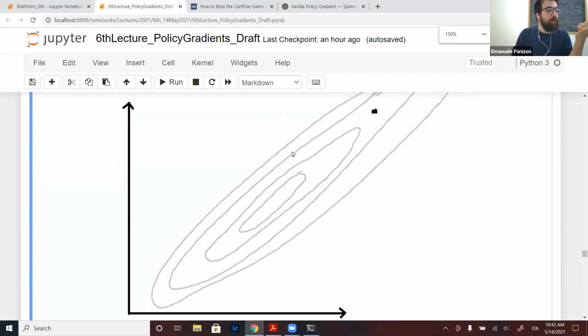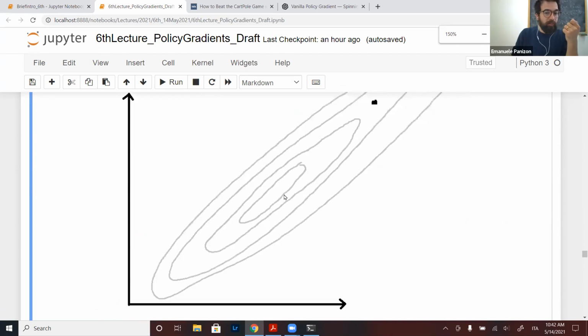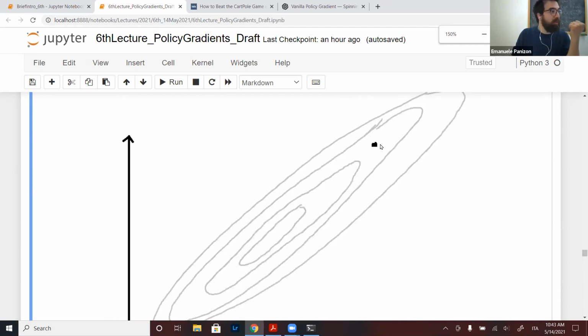So in a sense, we are here in the space of a policy. Let's say this is the probability of taking action 1, and this is my theta. I don't care about the parameters theta, because the parameters theta do not mean anything.